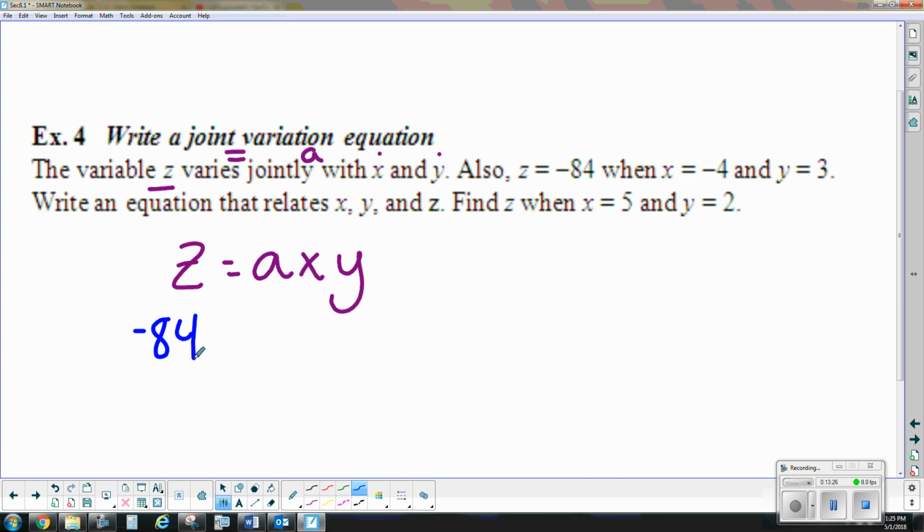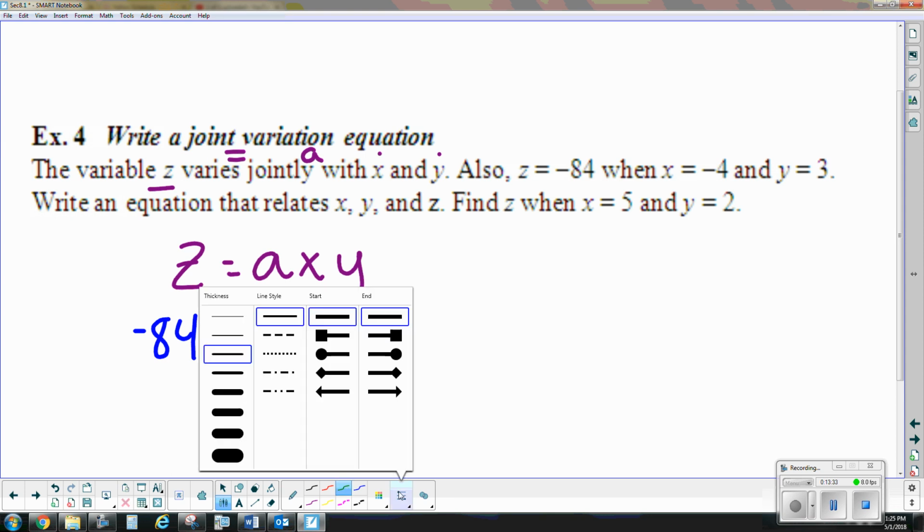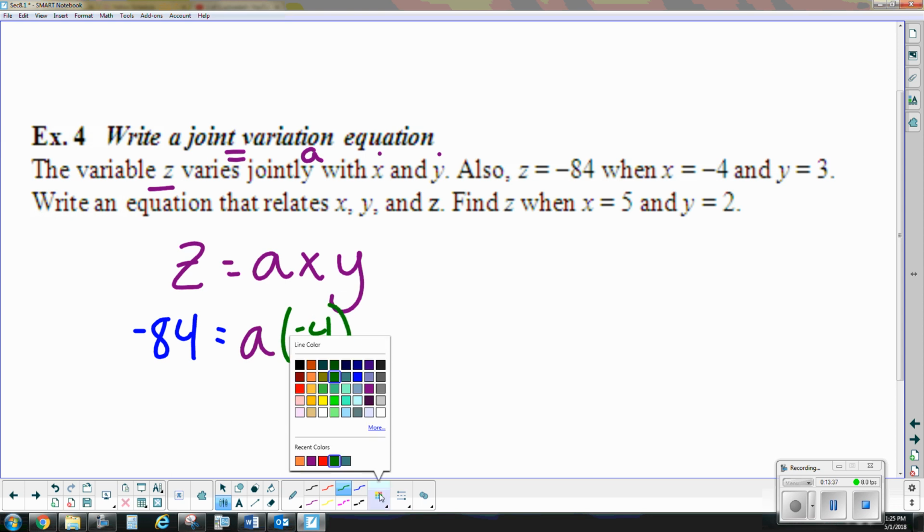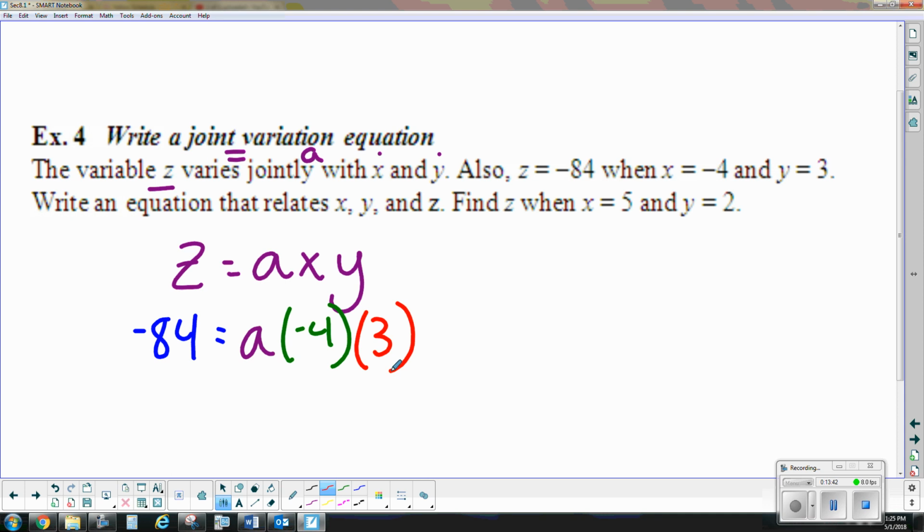So negative 84 equals some constant, which we don't know, and it tells us our y value and our x value. So we know that negative 84 equals negative 12a. And so in order to solve for a, we divide both sides by negative 12, and we get an a value of 7.